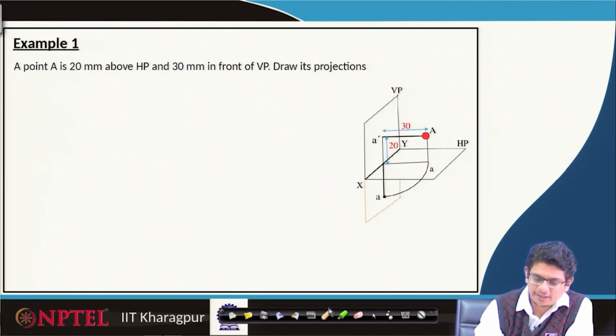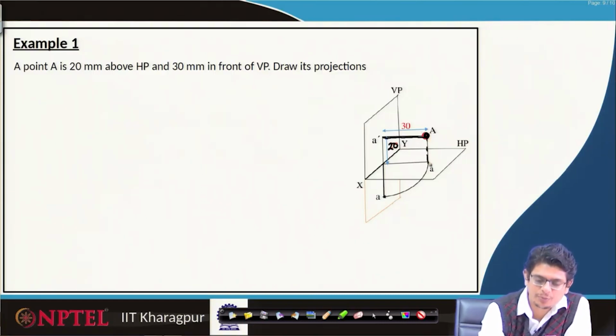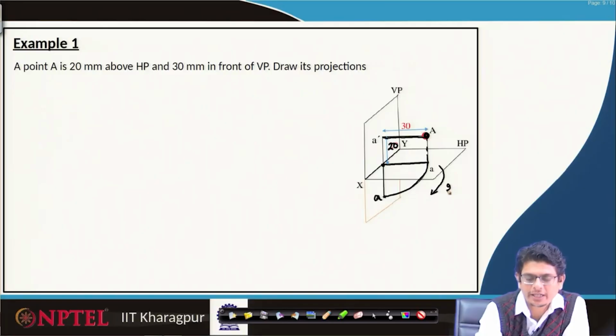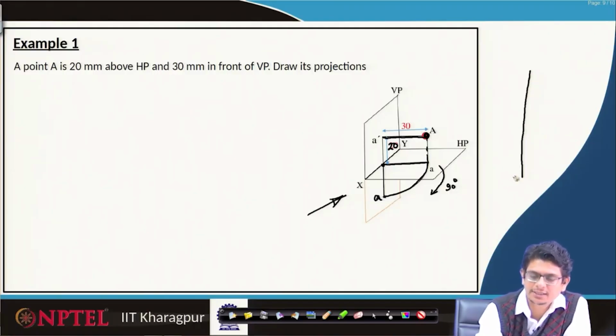To draw it, the easy way is, we have the point A, and the straightforward projection of 20 length is done. Once it is done, we project it on the horizontal plane and then use this origin with that radius to transfer it to this point, which is the same as rotating this plane by 90 degrees. If we are looking from this side view, let us redraw these projections. We have this axis, vertical plane.